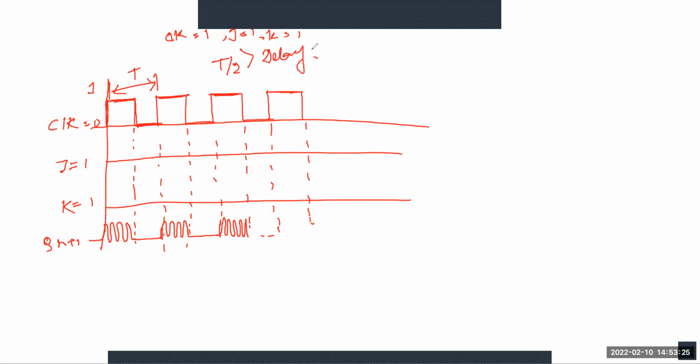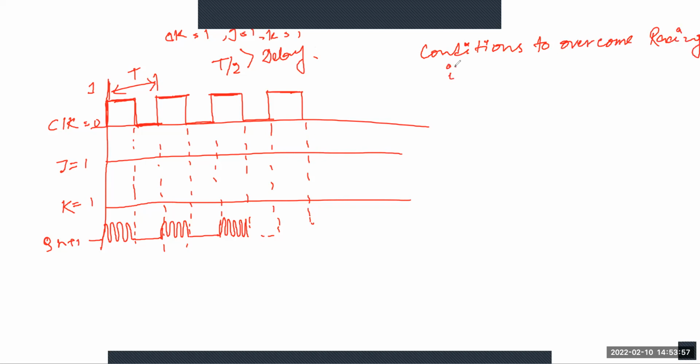Now, to overcome the racing condition or race around condition, there are some conditions. So what are the conditions to overcome racing?